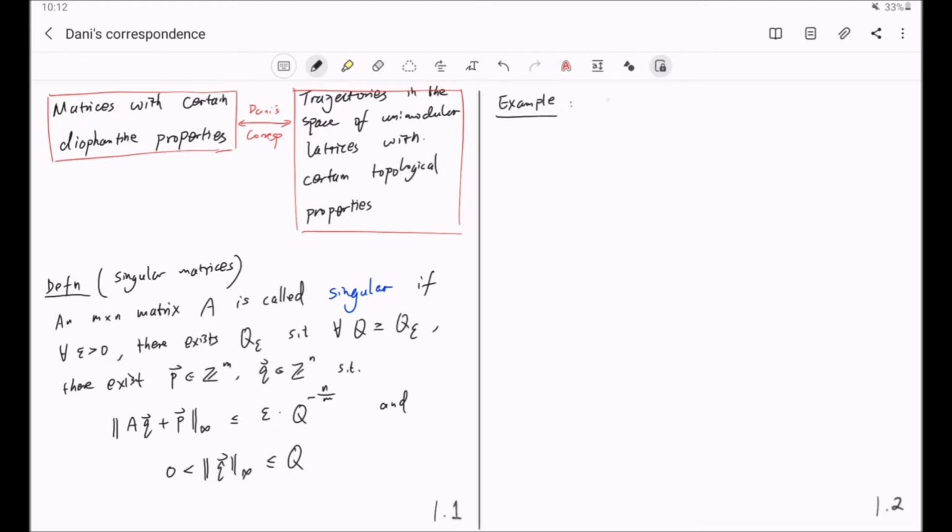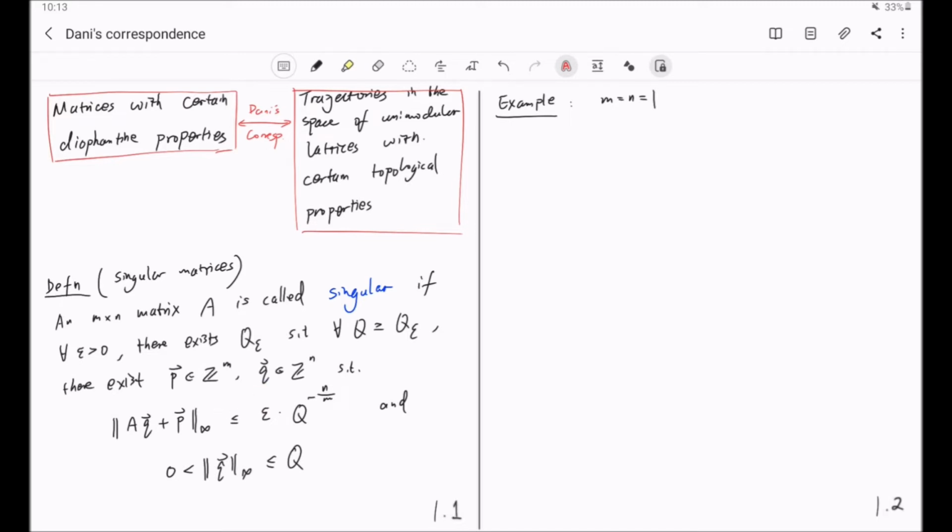As an example, let's look at the situation where the matrix A is a number, namely m and n are both equal to 1. What do you think in this situation being singular means? I'll let you think about it for a while.